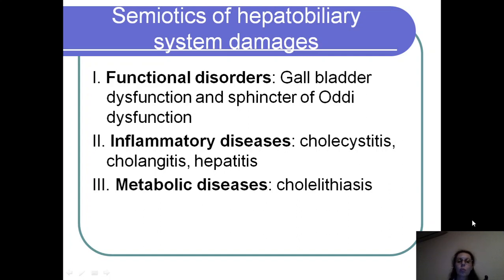Also, the third group is metabolic diseases. Actually, that is a group of diseases caused by different disorders in metabolism, which are accompanied by deposition of usually unmetabolized products in the liver. There may be glycogen, it may be copper, there may be formation of cholelipids, for example, and so on and so forth.